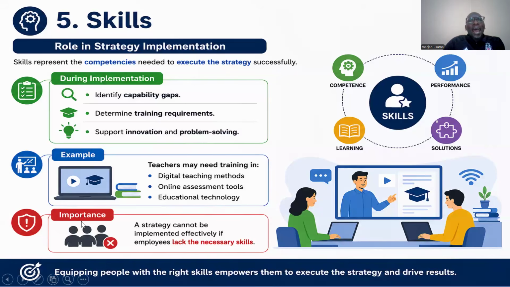So, a strategy cannot be implemented effectively if employees lack the necessary skills. If the employees, they don't have the skills, then how are you going to implement? It is going to be impossible. So that is why it is important to always ensure that you have the right people and you always train them continuously.